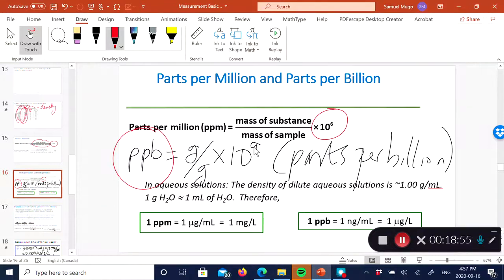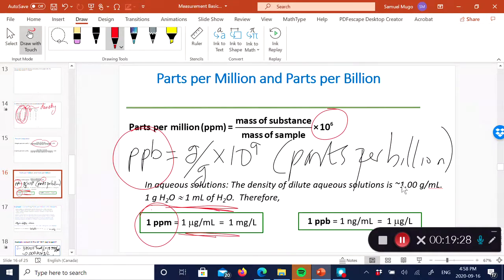Now you can convert this sort of mass by mass into mass by volume just by multiplying it with the density. Remember, the density of most solutions that are made with water is very, very close to 1. So if you multiply by the density, which is 1 gram per mL, you can convert ppm into mass by volume.